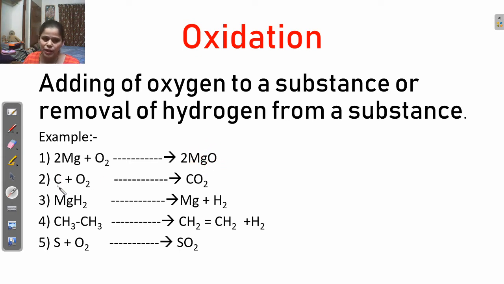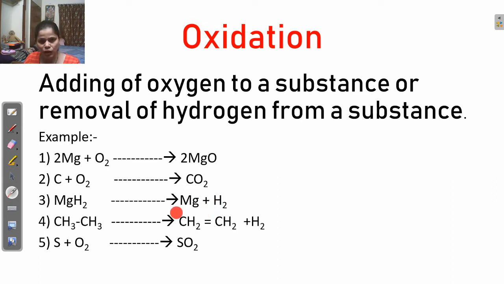Next example, carbon reacts with oxygen and forms CO2. That means adding of oxygen to carbon is oxidation. Next, Mg plus H2 giving MgH2. Before, Mg combined with hydrogen, and in the product side, the hydrogen is removed.